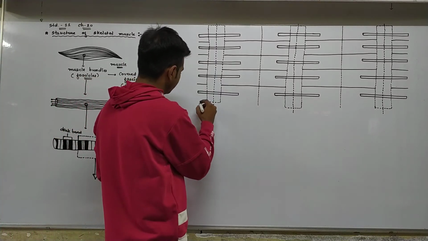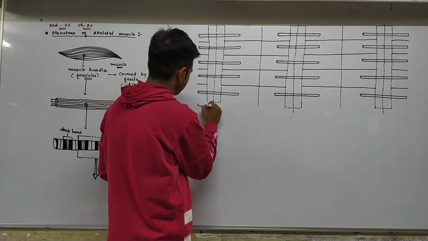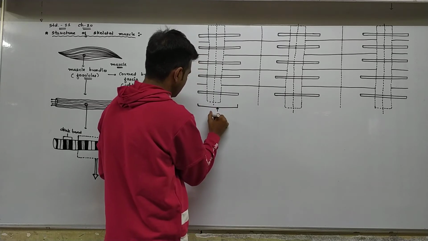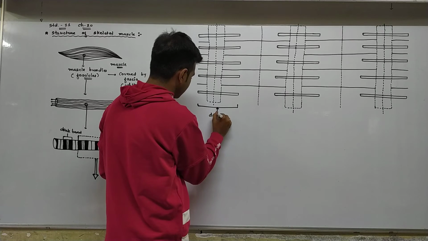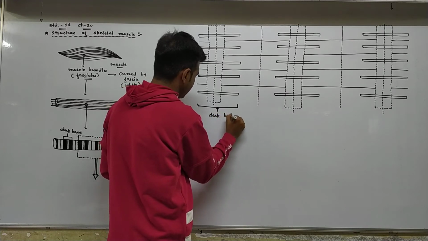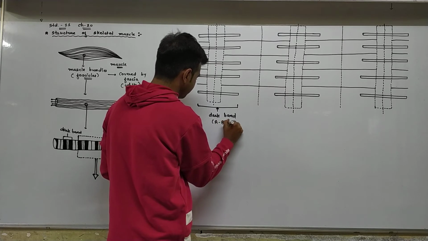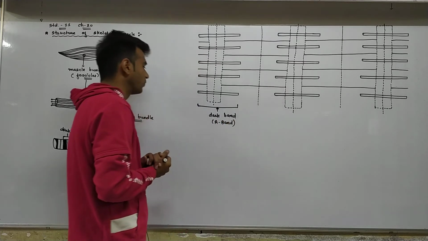So the dark band is also known as the A band. Why?